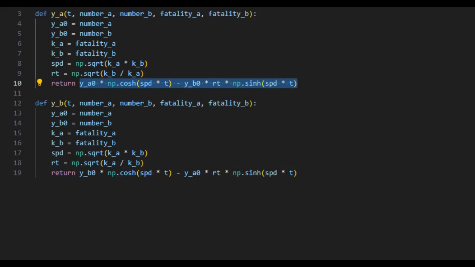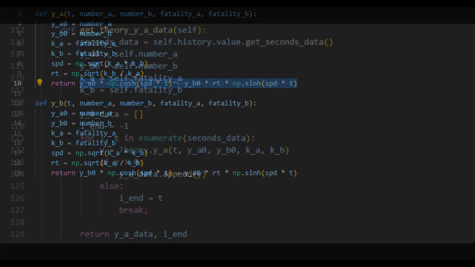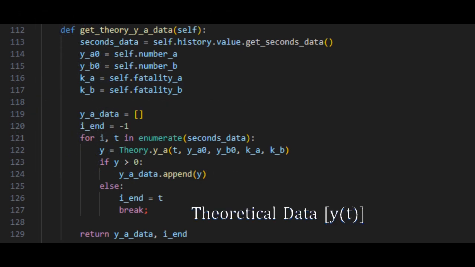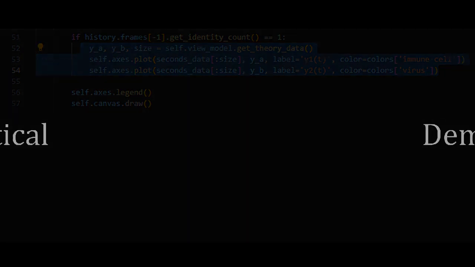I will explain why the theoretical function predicts the real phenomenon using a differential equation and Laplace transformation.